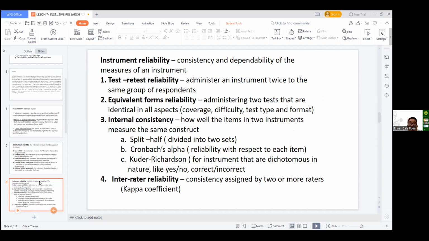Yun ibig sabihin nun. Halimbawa, thermometer, feeling mo may lagnat ka, nag-test ka 39.5. Inulit mo 36.9. So, hindi mo alam kung may lagnat ka o wala because it's inconsistent. So something that is inconsistent is not dependable.